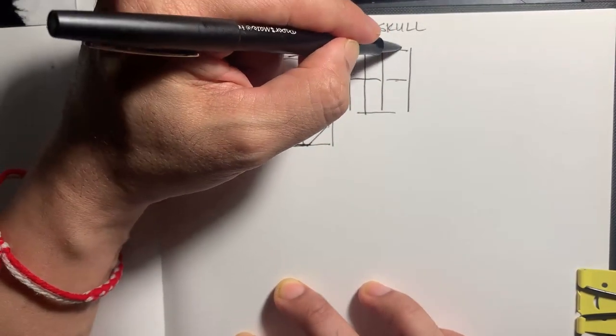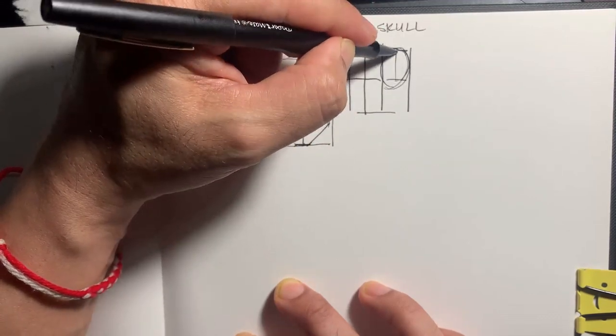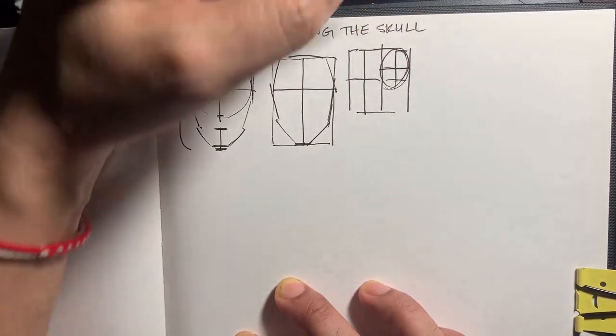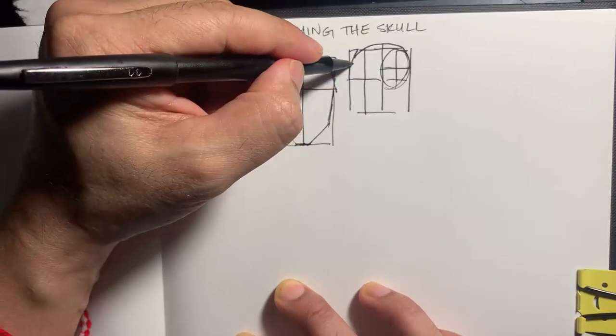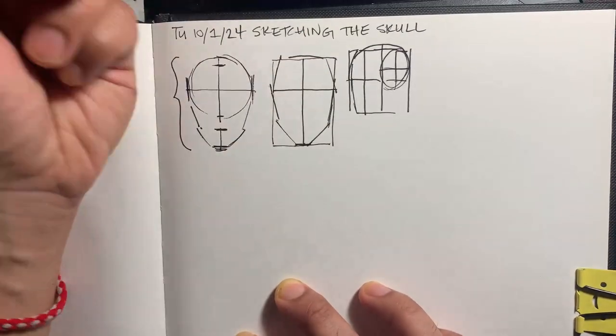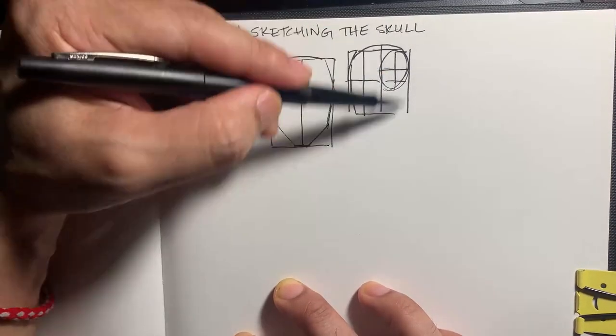And then this would be the cranium, which we'll go over because we're doing the skull. Kind of like that, so you just carve it out of a cube.